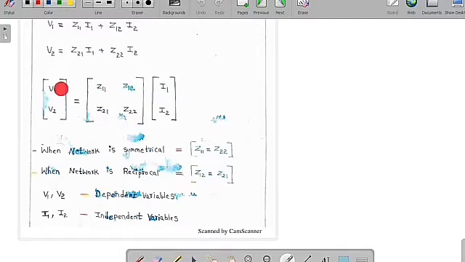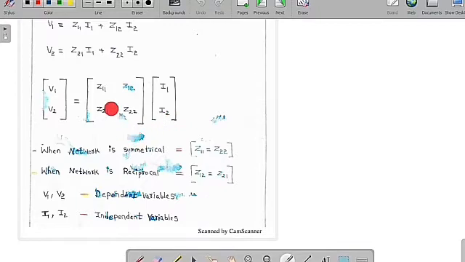Here you can see clearly that V1, V2 are dependent variables, whereas I1, I2 are the independent variables. V1, V2 depend upon I1 and I2. This is called the Z parameters for this two-port network, also called the open circuit parameters.